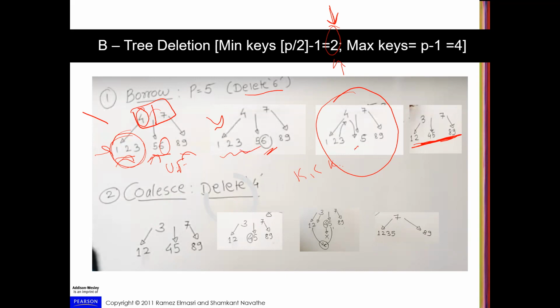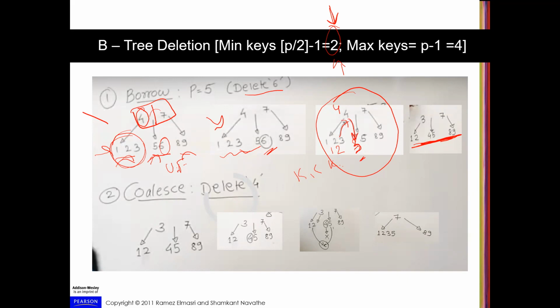Now what happens? If I just move 3 here, there will be a problem. Here it will be 1 and 2, and then the root is 4, and the right child will become greater than the root, which is wrong, which is not the property of a B tree. So what we have to do is move this 3 into the root, and bring this 4 here.